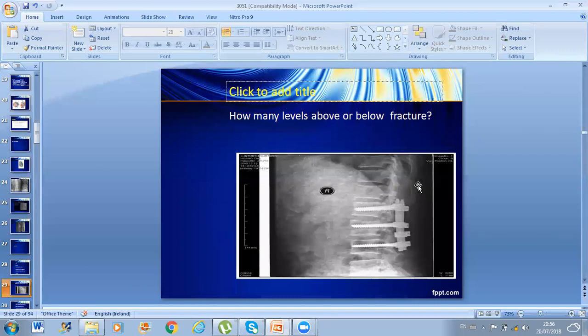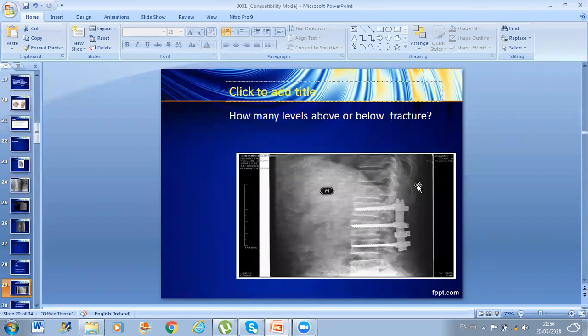What do you think, where will the screw cutout or failure happen? Yes, the implant will fail. Lumbar or thoracic? Proximally will it fail or distally will it fail? Distally must fail. No. Actually, if you see the thoracic spine, it is kyphotic.